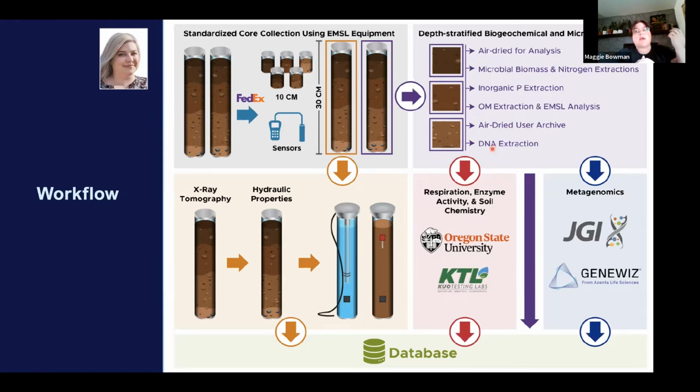And for those, we collect a variety of measurements, some of which help us standardize and participate in other databases, like pH and phosphorus and nitrogen, as well as a series of molecular measurements like organic matter extractions, where we can collect the high resolution organic matter chemistry, as well as X-ray tomography, which is a CT scan of the soil cores, which allows us to see core network structure and distinguish between air, water, and soil within these soil cores.